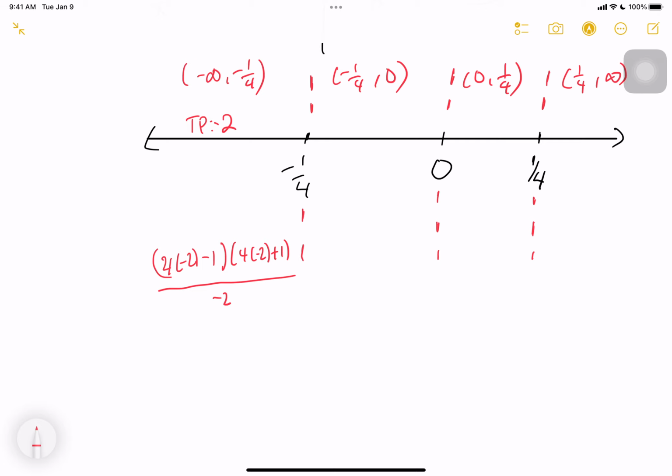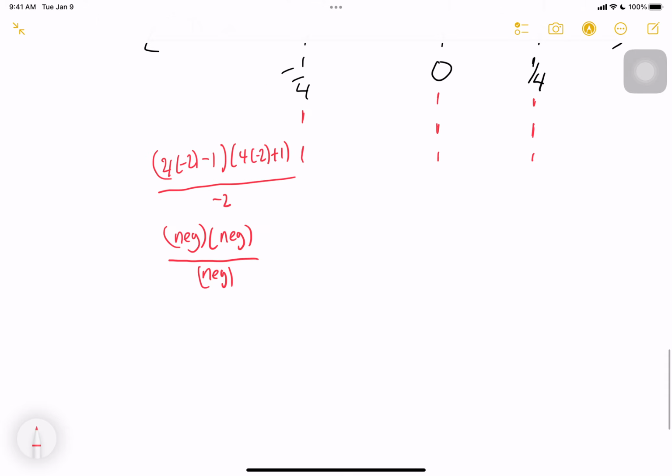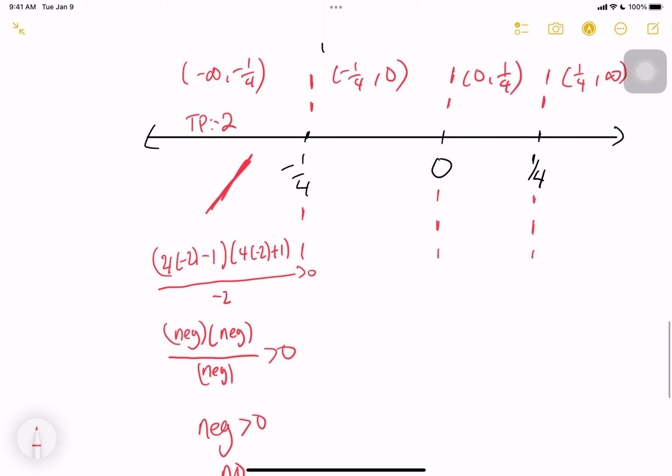Negative 8 minus 1 is negative 9, so that's negative. 4 times negative 2, that's negative 8. Negative 8 plus 1 is negative 7, so again, that's negative. Again, that's being divided by a negative number. And the question was, is it greater than 0? And of course, 3 negatives is a negative. A negative is not greater than 0. No, it is not. So this right here is not one of our answers.